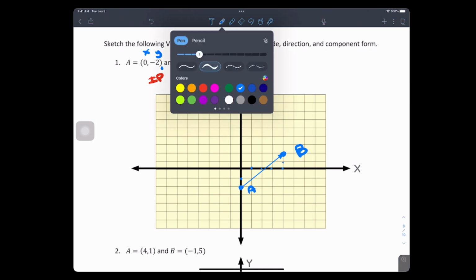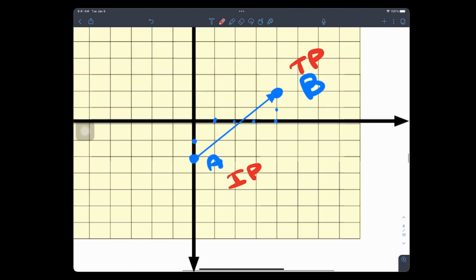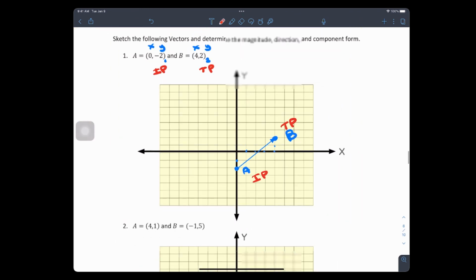Okay, so remember, this is my what? This is the initial point, and this is the terminal point. There's your vector. There's a sketch of the vector. Okay.